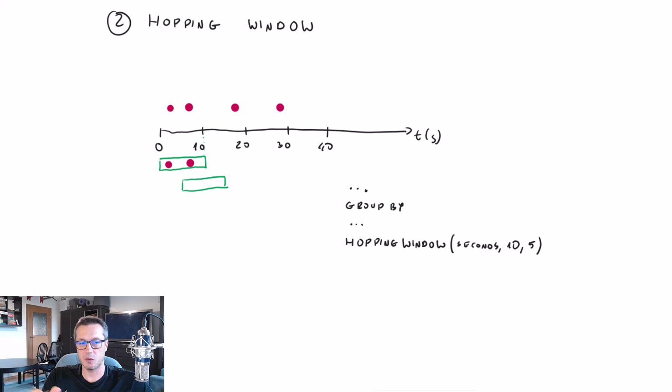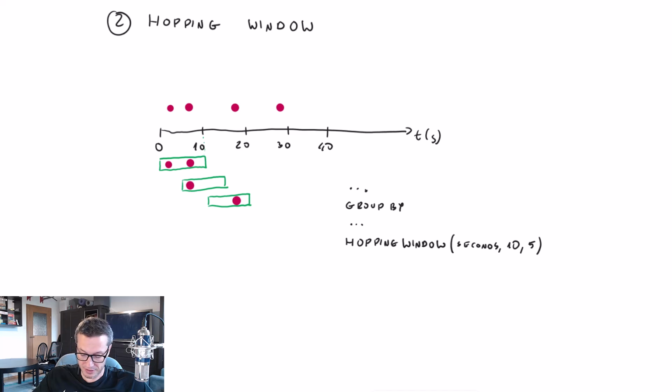And in this case, what events would be included? Well, only this one, because only it falls within the range of the window. Then we would have yet another window from second 10 to 20 and so on. And here we would have this event, right?